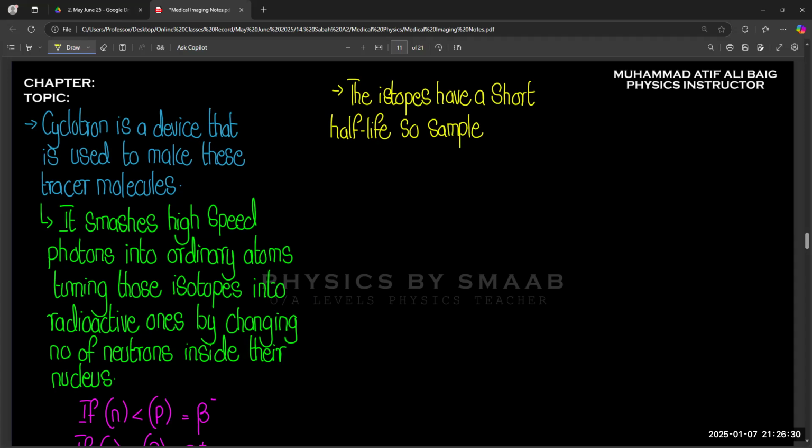So the sample is prepared. And one more important thing, we are using a short half-life, so definitely we need to prepare this sample a few hours before this process.